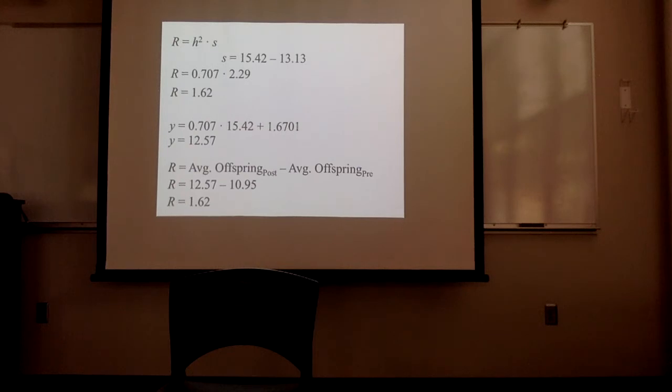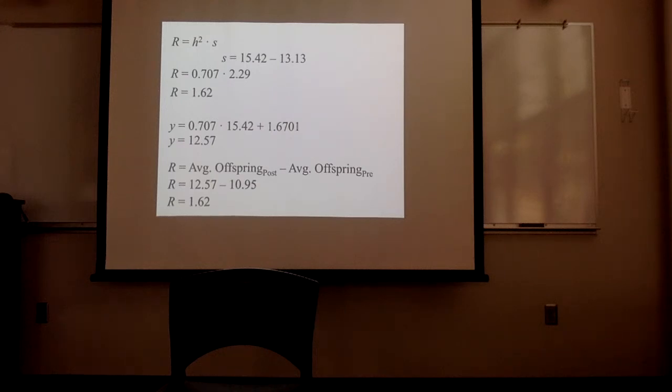If selection acts to reduce the phenotypic value of something, the post-selection value will always be smaller than the pre-selection value, and this will end up being a negative thing. So negative selection causes phenotypic value to go down over time. Positive selection causes phenotypic value to go up over time. And so that's the reason that we always calculate selection differential here as post-selection mean minus pre-selection mean.